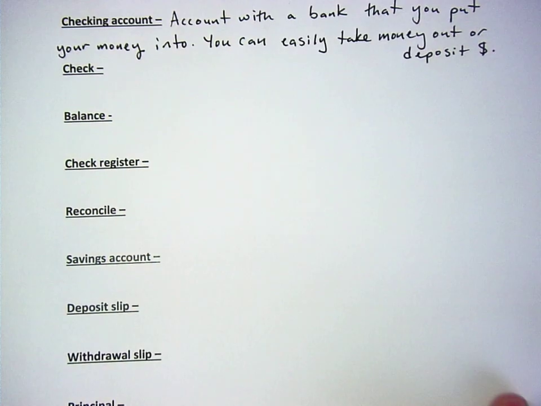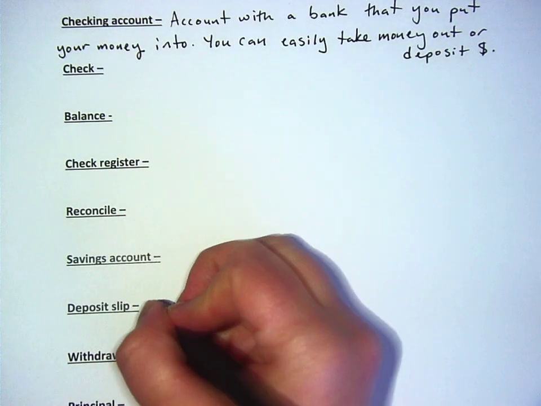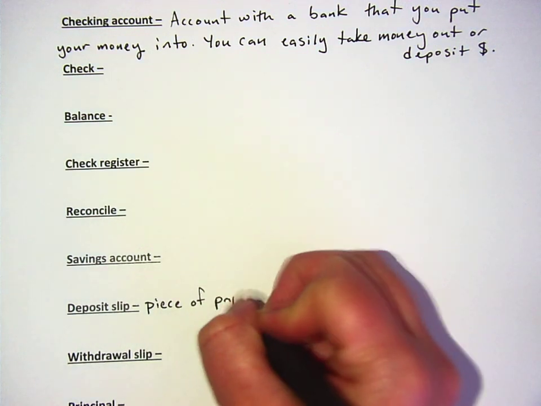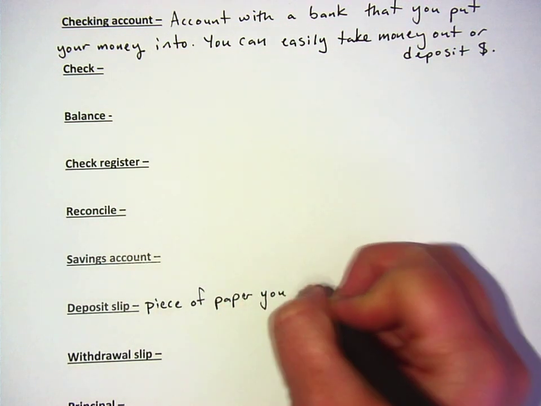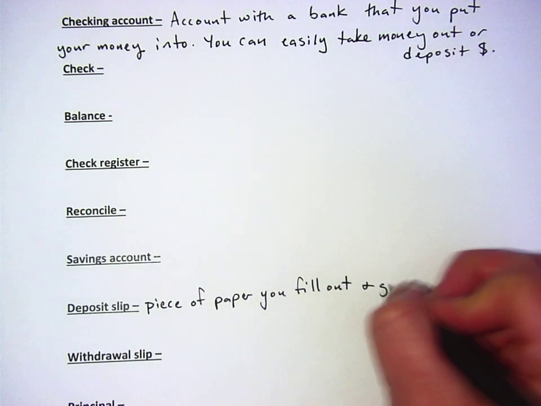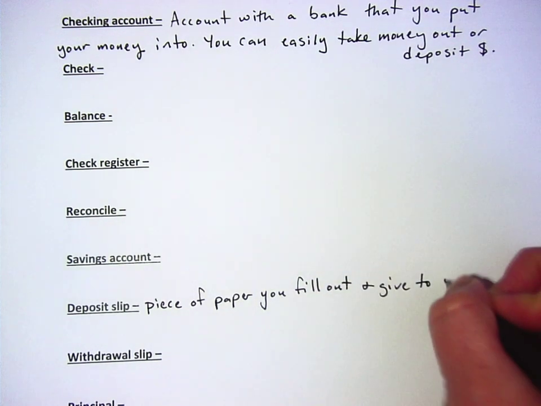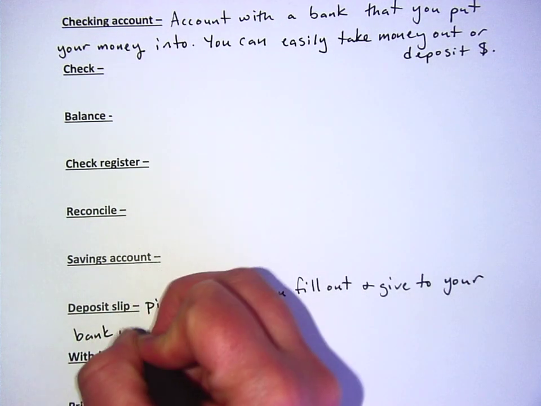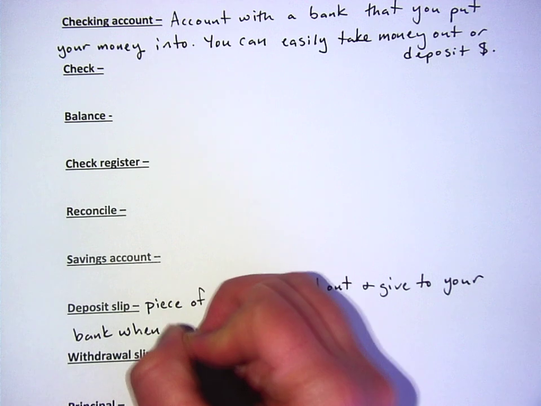Just so people can write it, just in case they're a little behind: a deposit slip is a piece of paper you fill out and give to your bank when you deposit money.